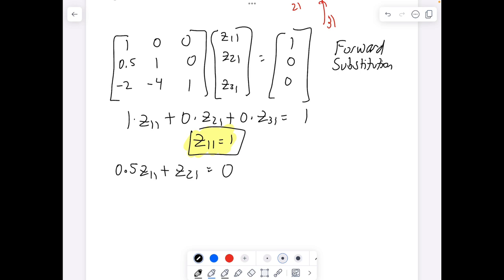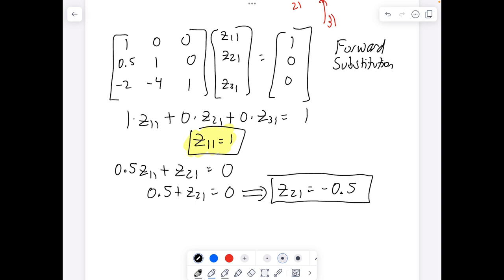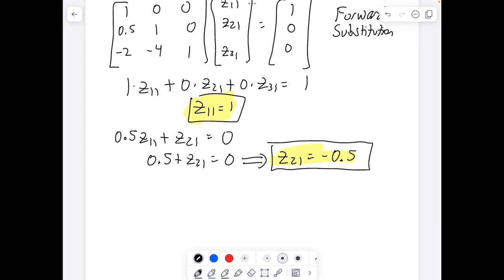Half of Z11 is half of 1, that is a half, which says that Z21 is -1/2.